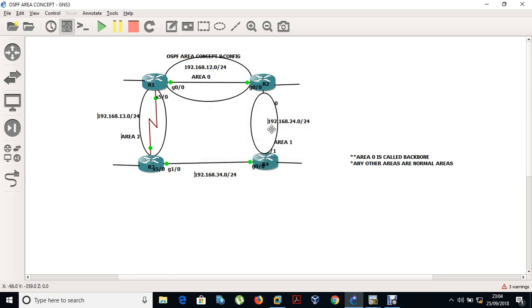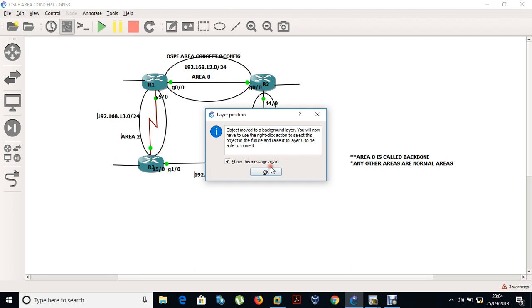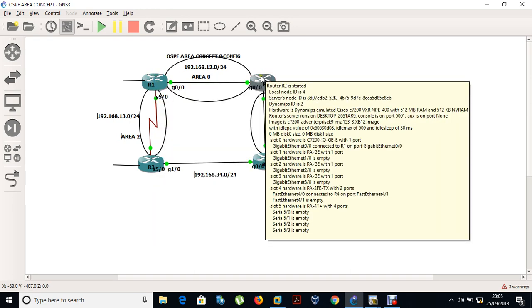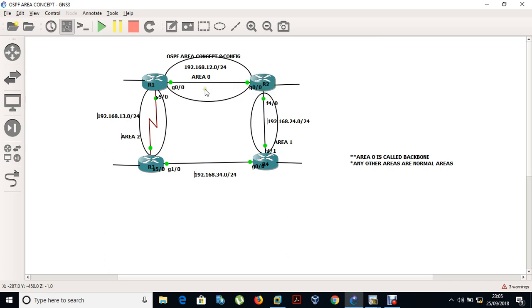That's called LSA type 1 and type 2. These routers will be members of area 0.